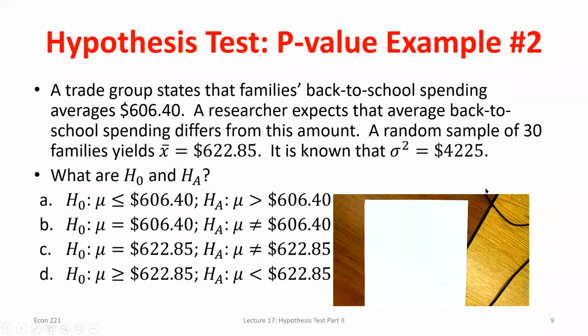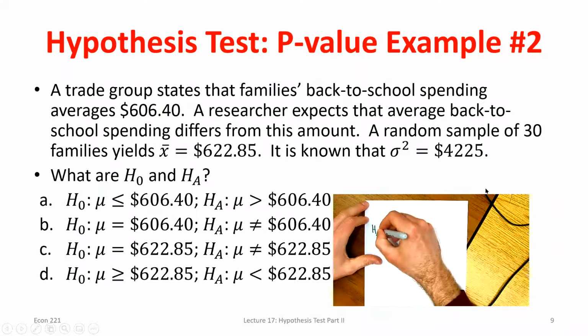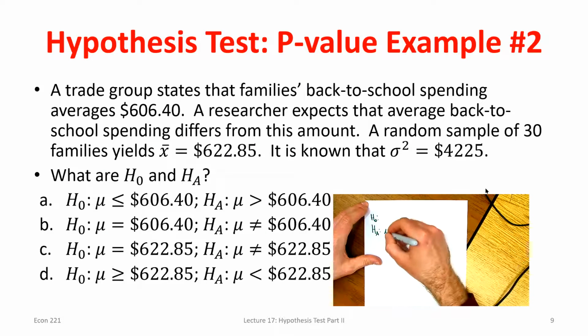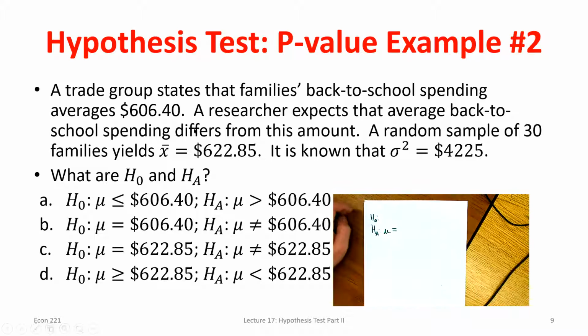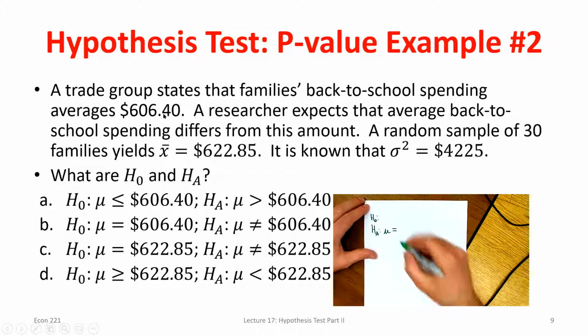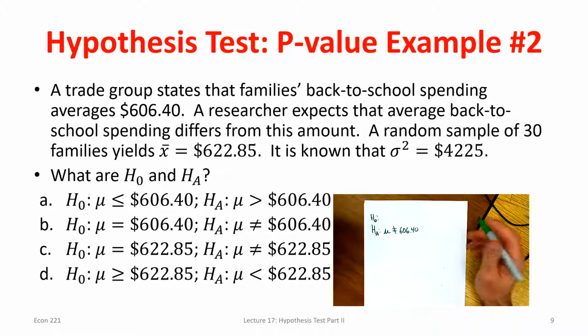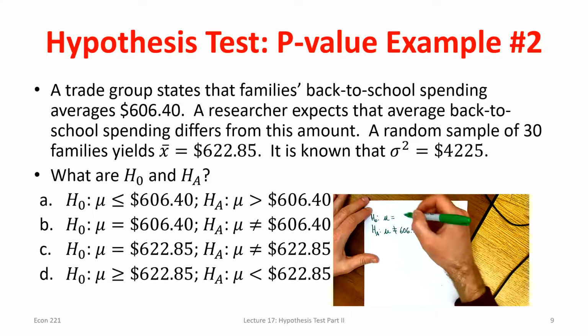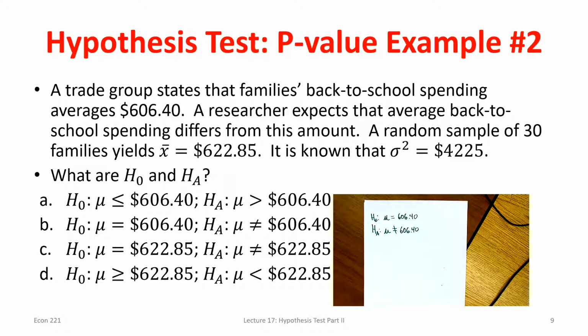So your alternative hypothesis is: does that true mean differ from the reported amount of $606? Is it different than that amount, or not equal to that amount? So you'll assume the opposite is true, which is that back to school spending is exactly equal to that amount. Anytime we see the words different than or differs, we should be thinking we've got a two-tailed test. Now, we find a sample mean of $622.